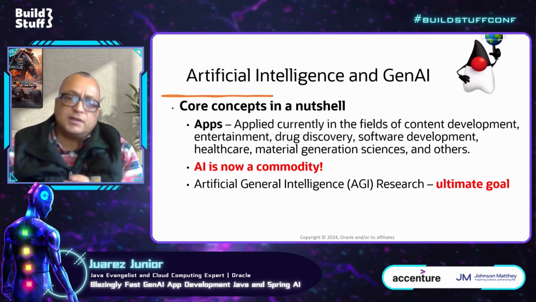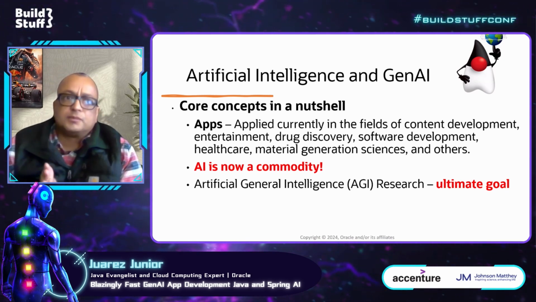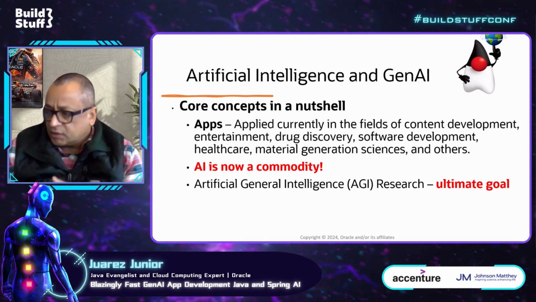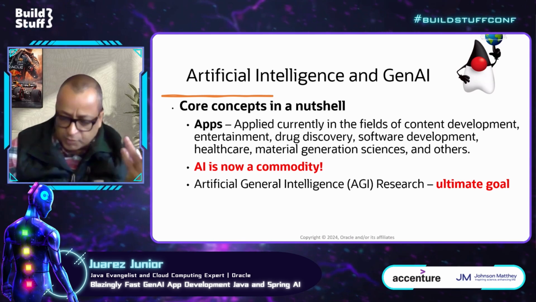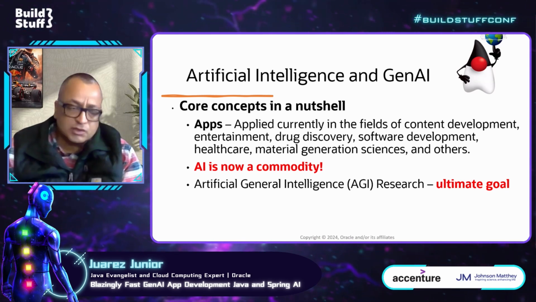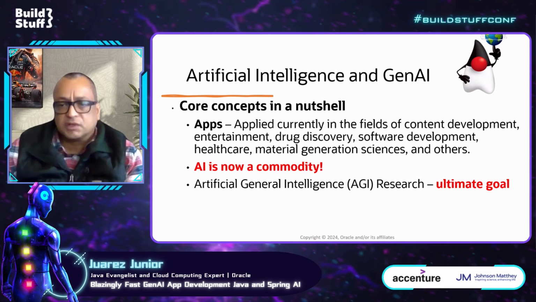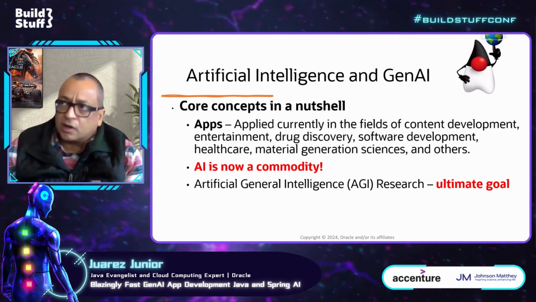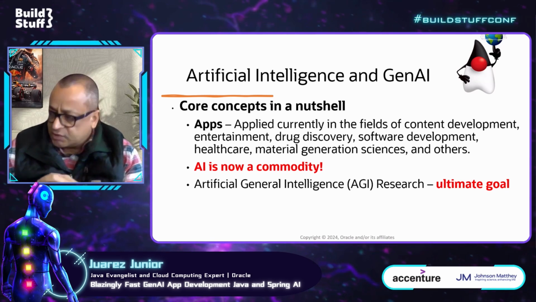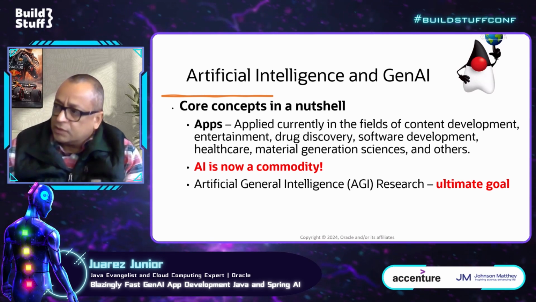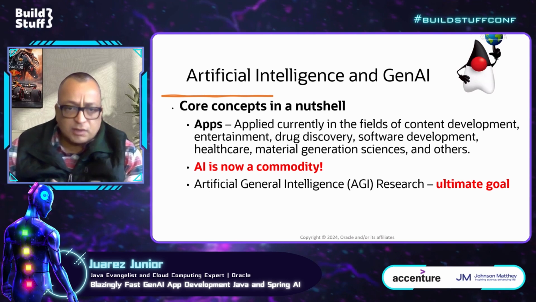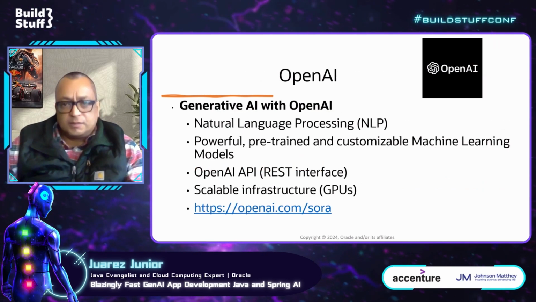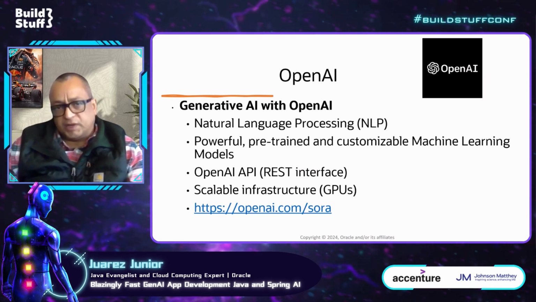With AGI, they want the AI models and the solutions to be on par with human beings. Some areas are already there, I'd say perhaps text recognition and translation and other areas, but it is still evolving. Next one is OpenAI and GenAI.